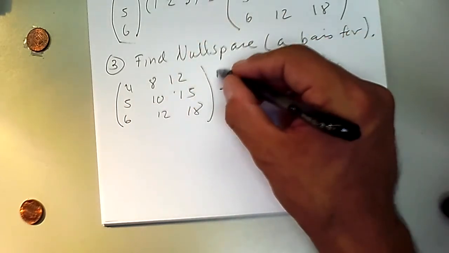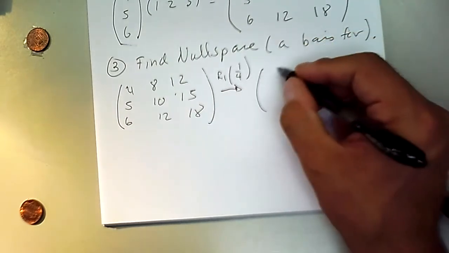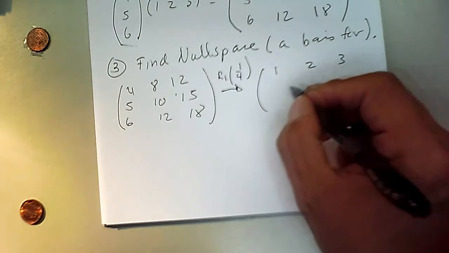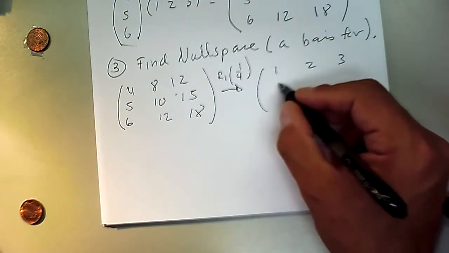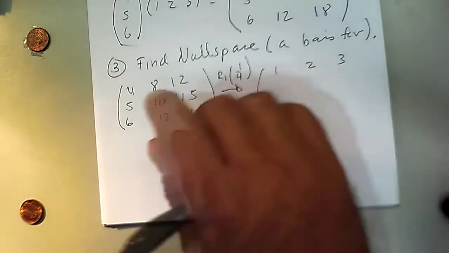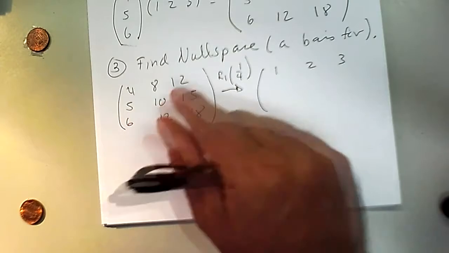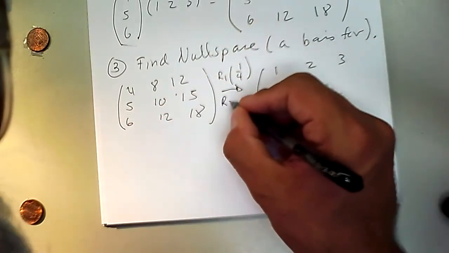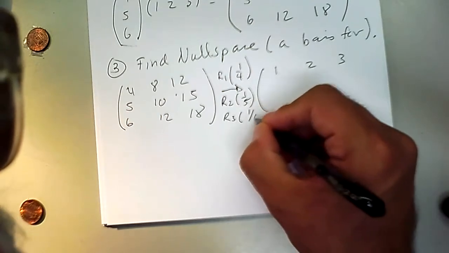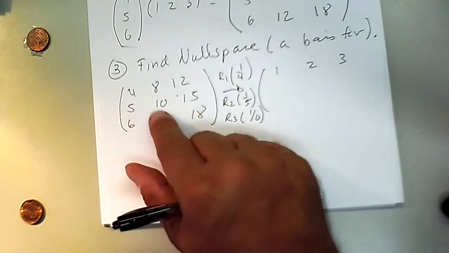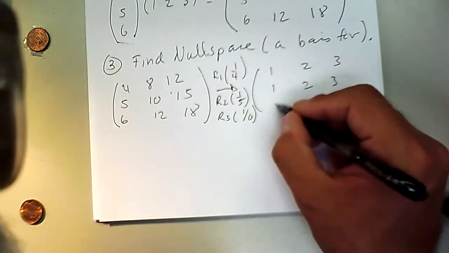So take row 1 and multiply it by 1/4, and that's going to give us 1, 2, 3, and then we have the other rows as is. You know what? We can reduce the second row by multiplying by 1/5, and multiply the third row by 1/6. So we're going to end up with 1, 2, 3, 1, 2, 3, 1, 2, 3.